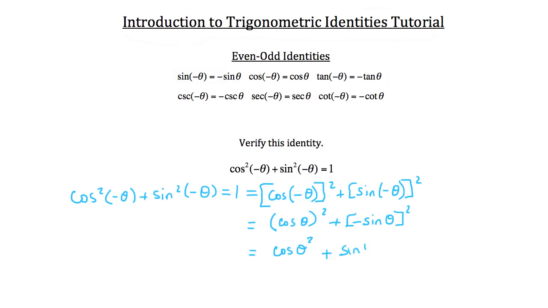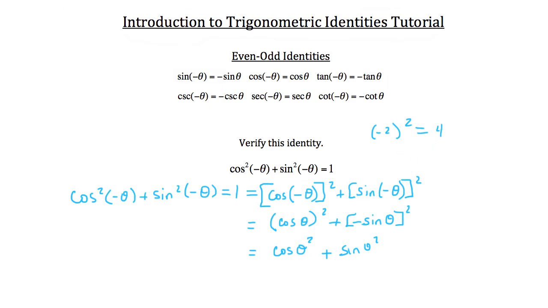sine of theta squared. Now it's positive instead of negative because any time you square a value, whether it's positive or negative, you always get a positive answer. For example, negative 2 squared is negative 2 times negative 2, which gives you a positive 4.